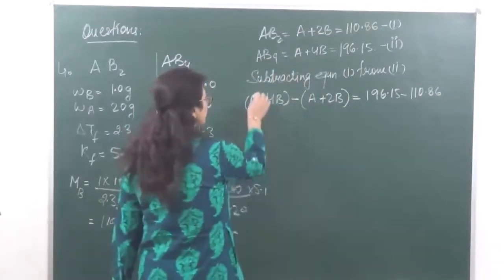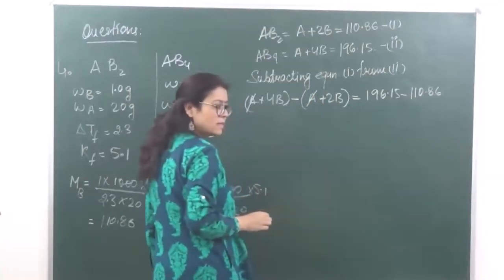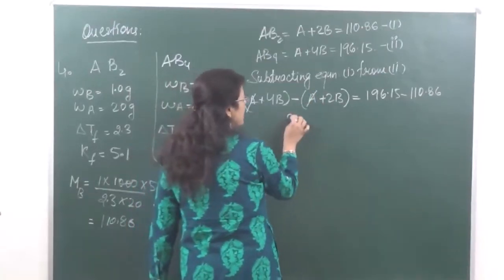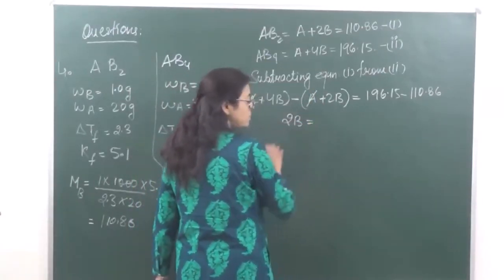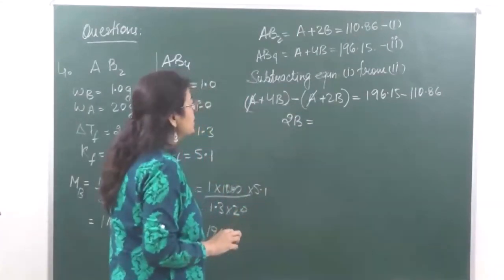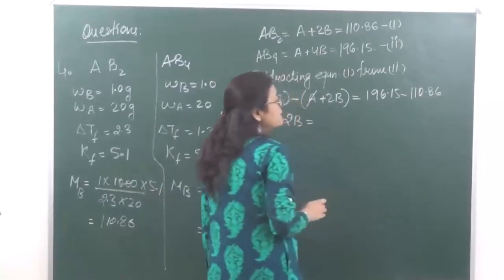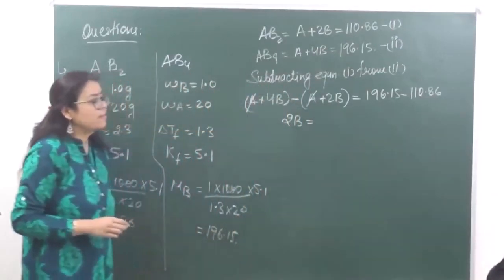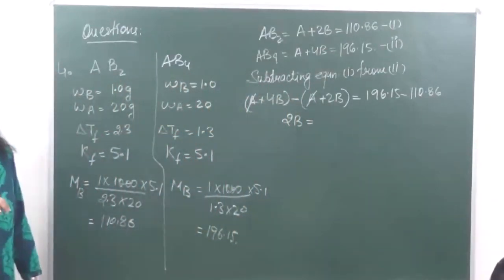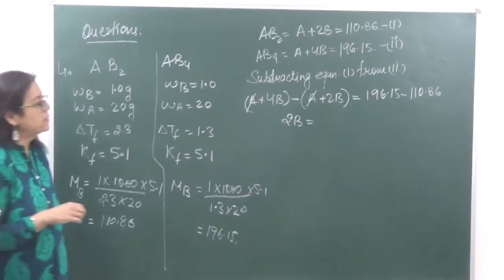Over here, A and A will be cancelled. 4B minus 2B becomes equal to 2B. Right? So 2B will become equal to what? When you calculate this, 196.15 minus 110.86 comes to 85.29.